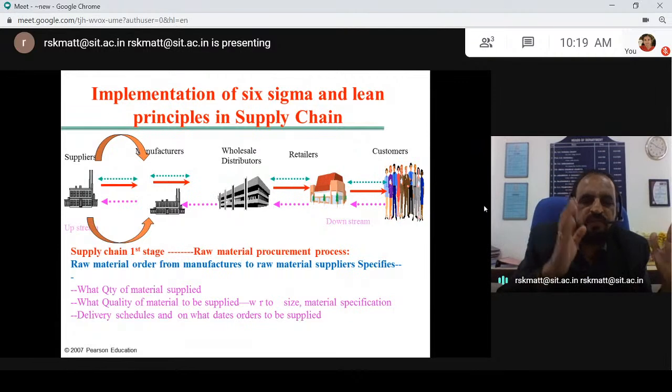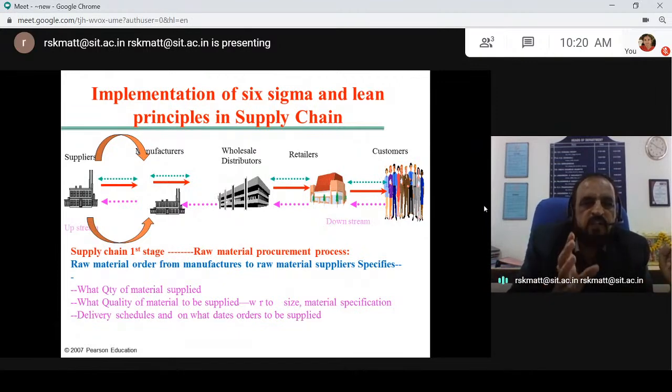We need to consider stage by stage implementation of this lean Six Sigma. Consider the first stage of the supply chain, where the suppliers and manufacturers are involved. There is information technology being used, that is EDI, electronic data interchange, and they use B2B business technology to integrate both suppliers and manufacturers across the globe.